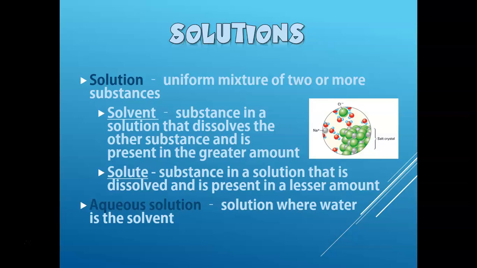And when we talk solutions, we've got two basic components or two basic parts to any solution, your solvent and your solute. Your solvent is the substance that's actually doing the dissolving, and typically is present in a higher concentration or a larger amount, as opposed to the solute, which is what is actually getting dissolved.